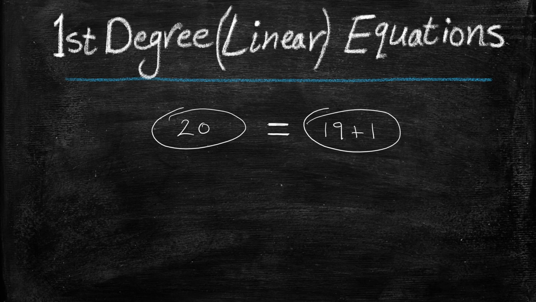Essentially, equations are similar to old-fashioned scales. They're made up of a hanger and a bar, and at each end of the bar there are chains with two balls connected to them, something like that.